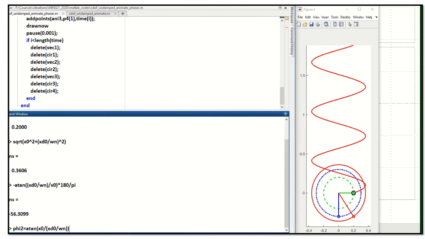I'll again convert into degrees, which comes out to be 33.669, so about 34 degrees. So this angle is 34 degrees.